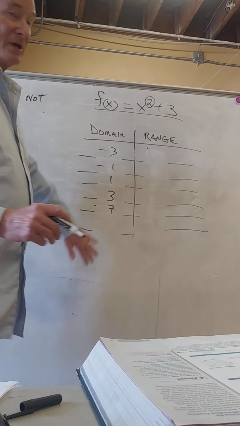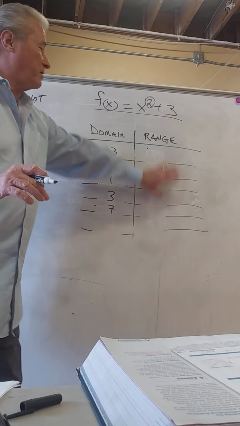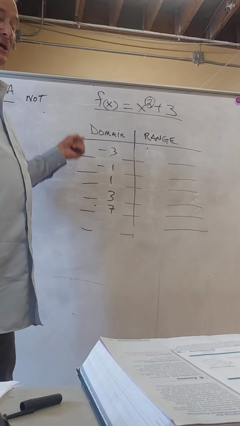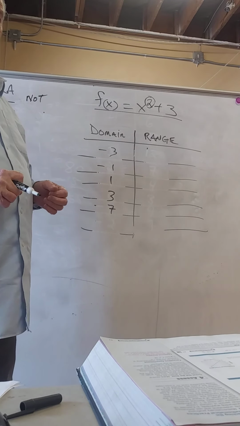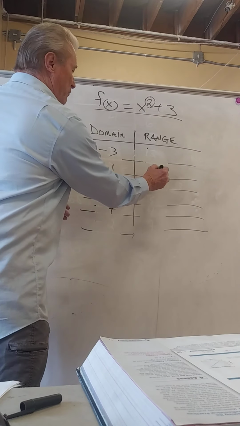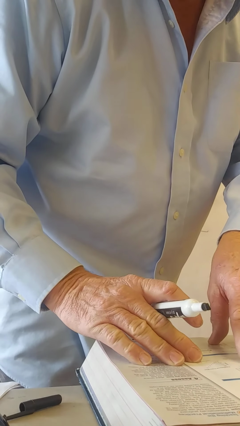No, there are no duplicates. So first of all, if there are no duplicates, then you don't even care what the range is. As long as you have different numbers here, it can be a function. It's only when you have duplicates that you ask, is the range then the same? Because if it's not, then it's not a function. Okay, that was pretty easy.